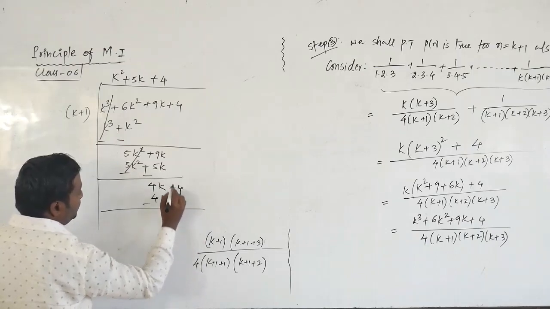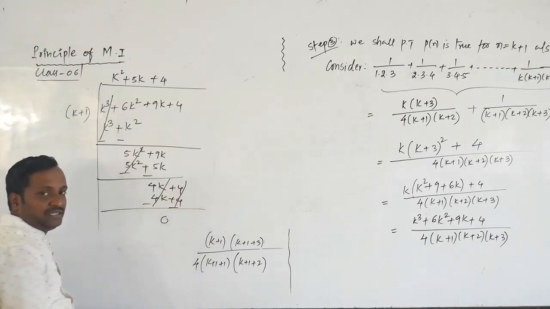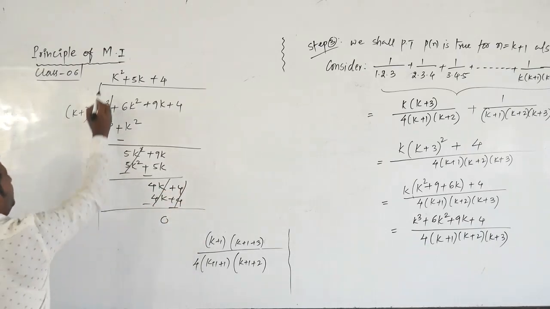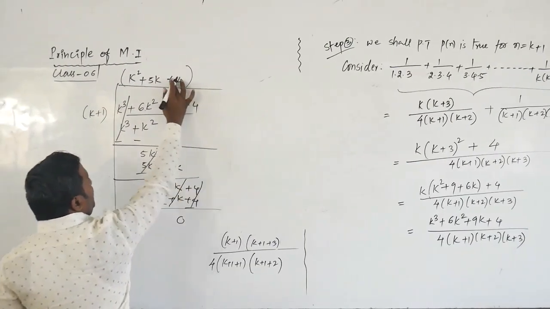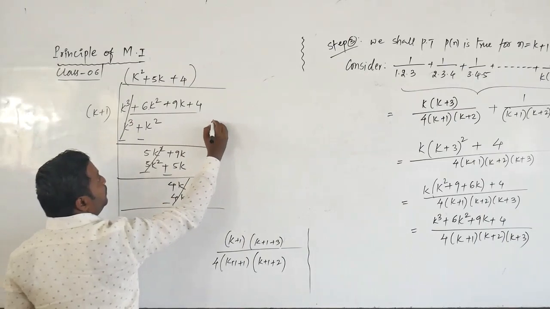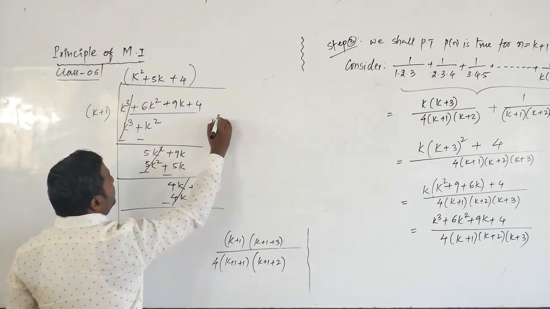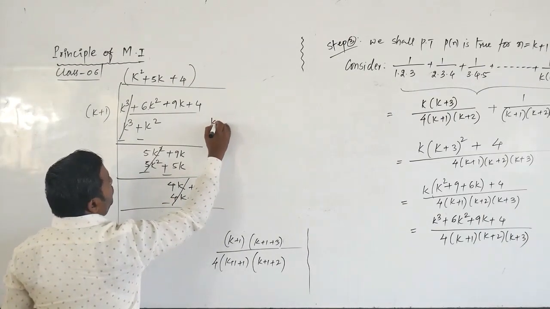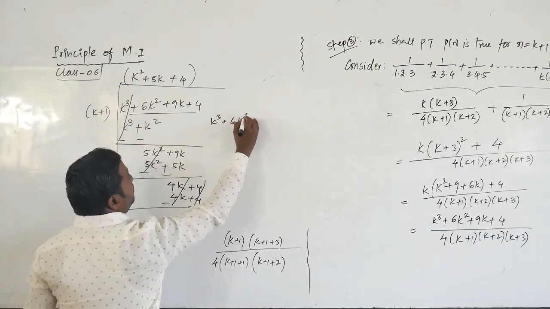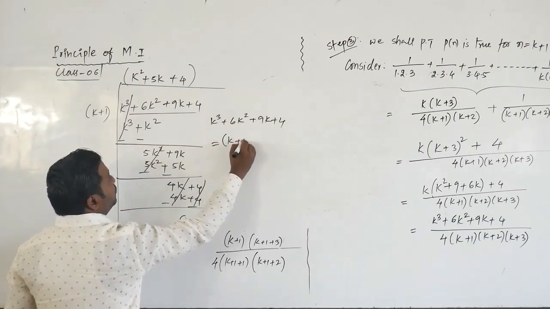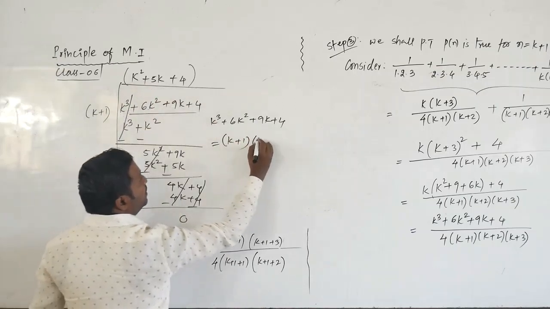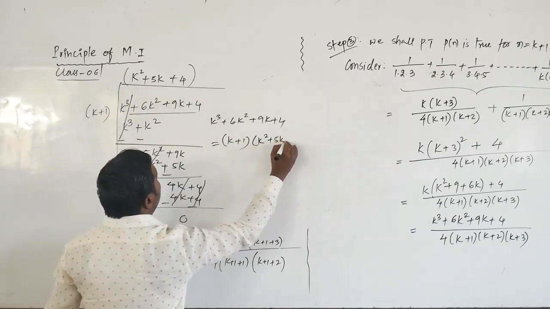So subtracted gets cancelled. So the option is, what happened, so you can write this answer as a multiple of these two. So you can write the, roughly I have written, k cube plus 6k square plus 9k plus 4 can be written as k plus 1 into k square plus 5k plus 4.